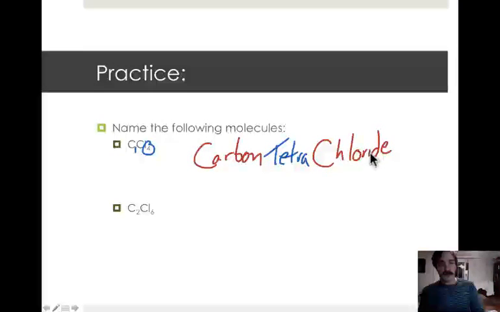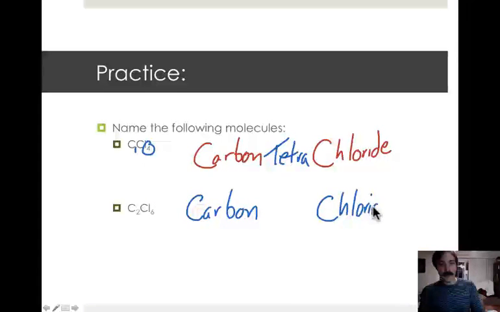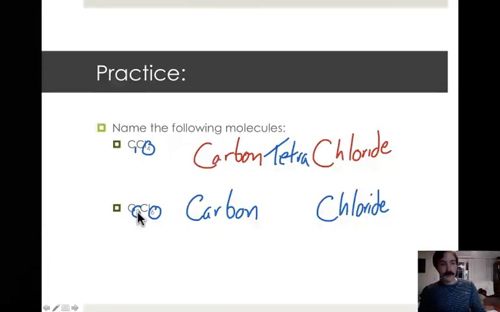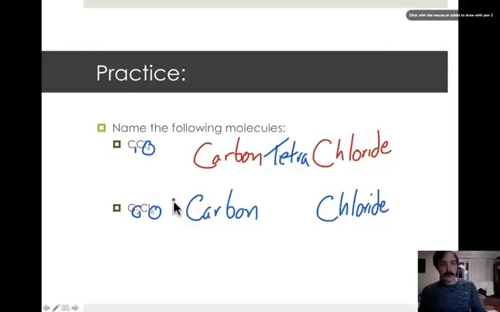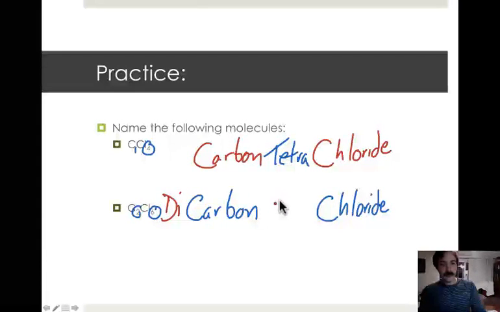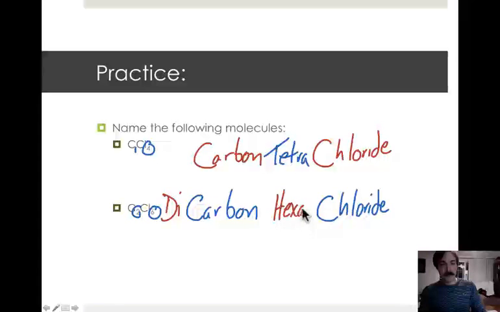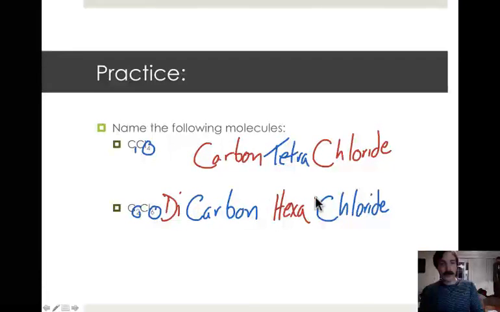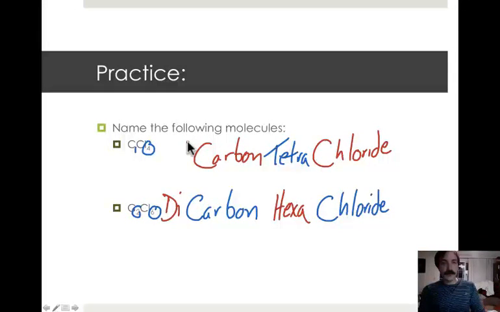So it's carbon tetrachloride. Then if I come down here, I have again carbon and chlorine, which is going to be chloride, but the difference here is I have different subscripts. Since I have 2 of these, this is going to be dicarbon, and then 6 chlorides means hexachloride. So dicarbon hexachloride.